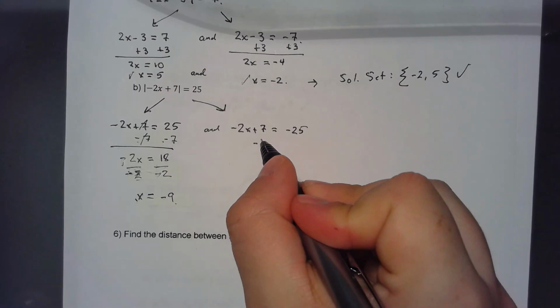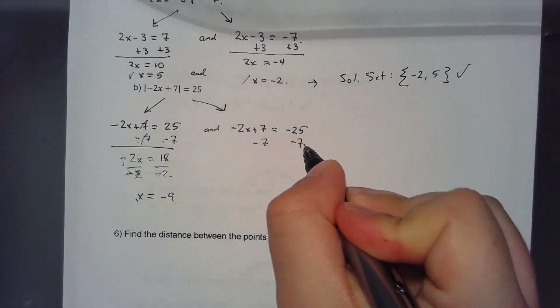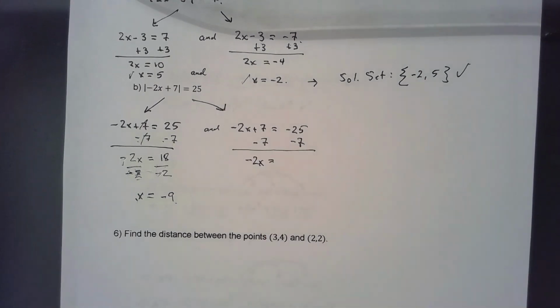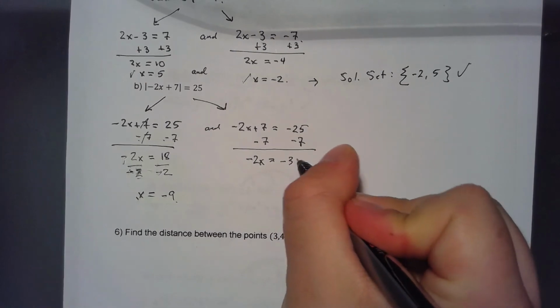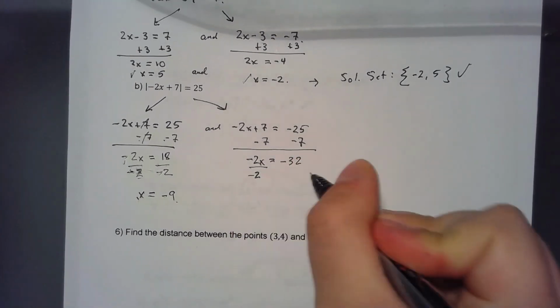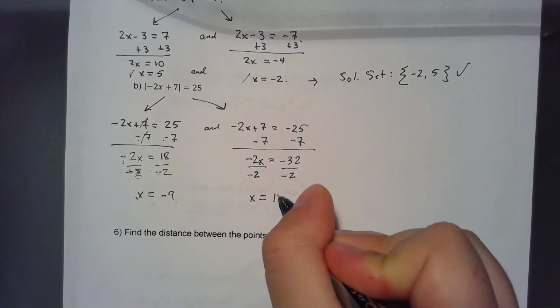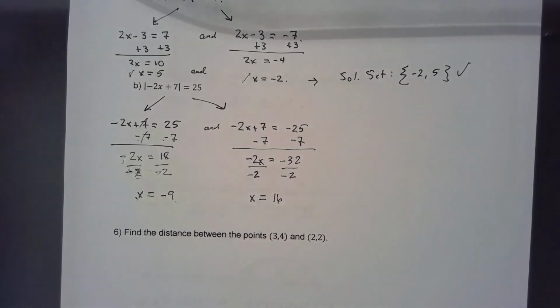Subtract 7 from both sides. So I have -2x equals, so -25 minus 7 is -32. Divide both sides by -2. That is positive 16. All right, that looks better.